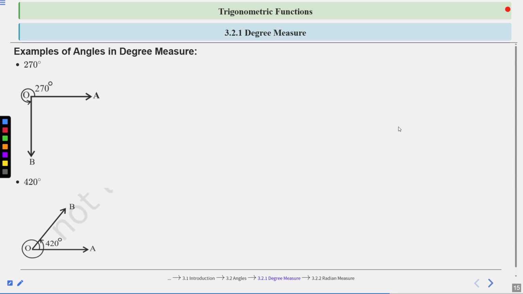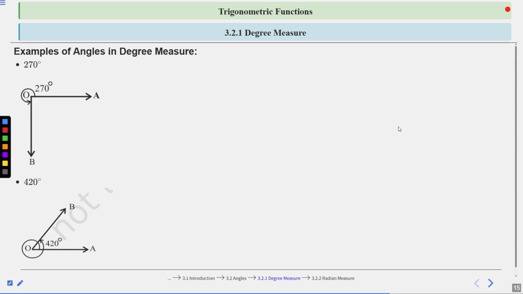You are first taking 1 complete revolution, meaning 360 degrees, and this is greater than 360 degree, meaning we are completely moving around O first of all, and obviously some extra. So what would the extra be? In this case, 360 plus 60 gives you 420.